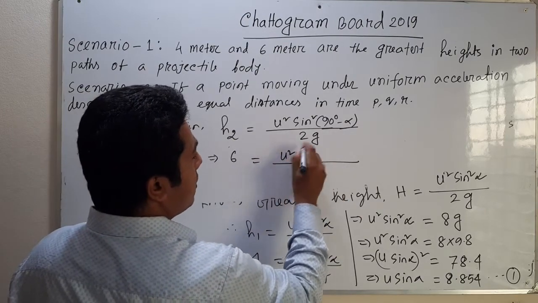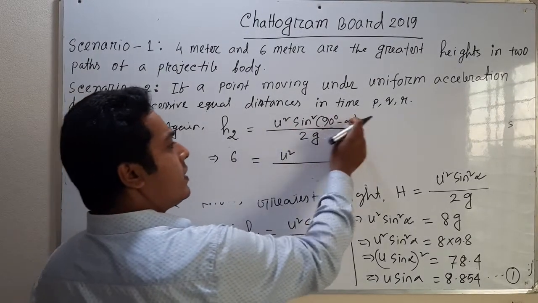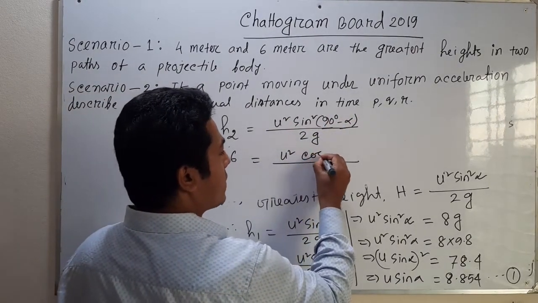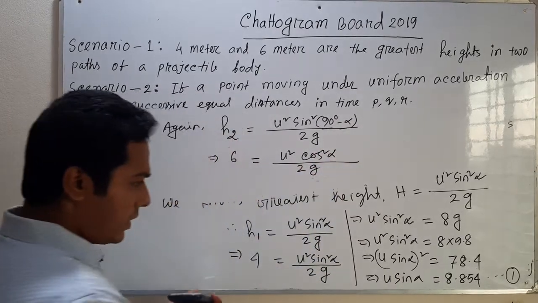By the trigonometrical identity, sin of 90 degree minus alpha will be cos alpha, so u square cos square alpha divided by 2g.